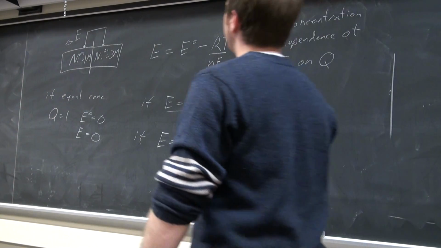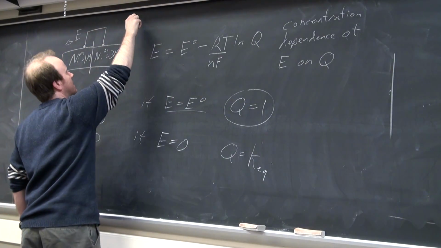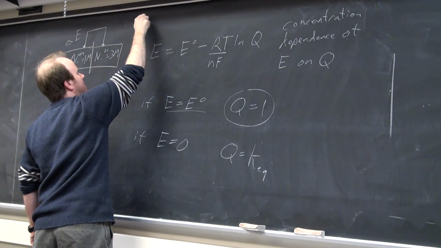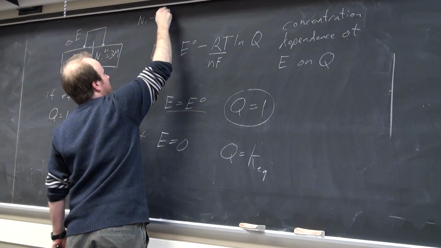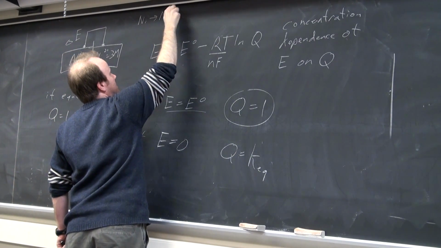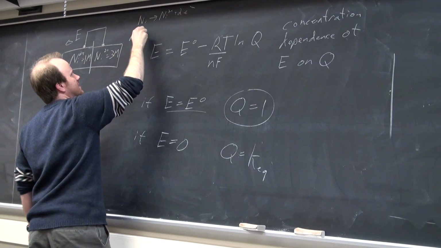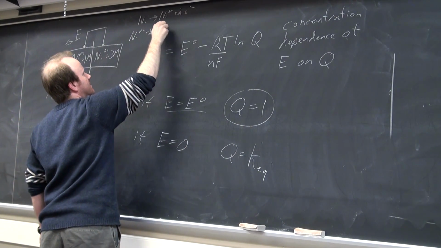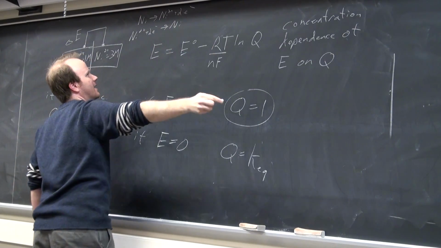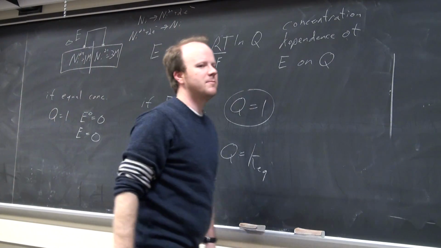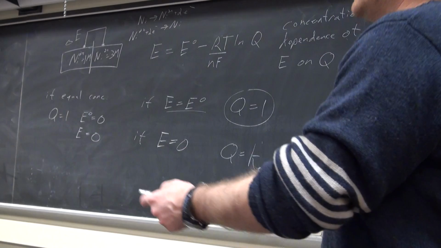Remember this, so if you look at the concentration cell, we have 2 things going on. We have nickel going to Ni 2 plus plus 2 e minus, and then you have Ni 2 plus plus 2 electrons goes to Ni. So we can look up the nickel half cell for this one.